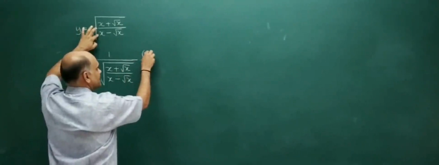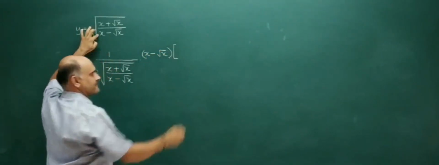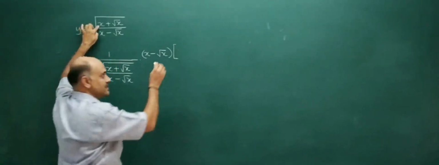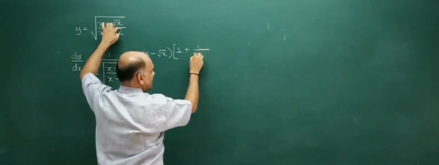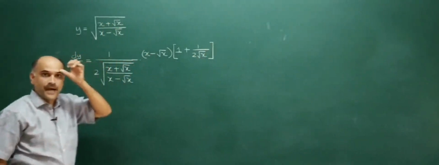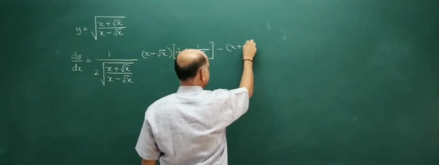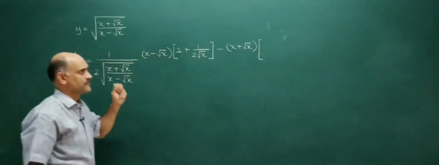So denominator x minus root x, differentiation of numerator, differentiation of x is 1 plus root x is 1 by 2 root x, minus numerator x plus root x, differentiation of denominator.